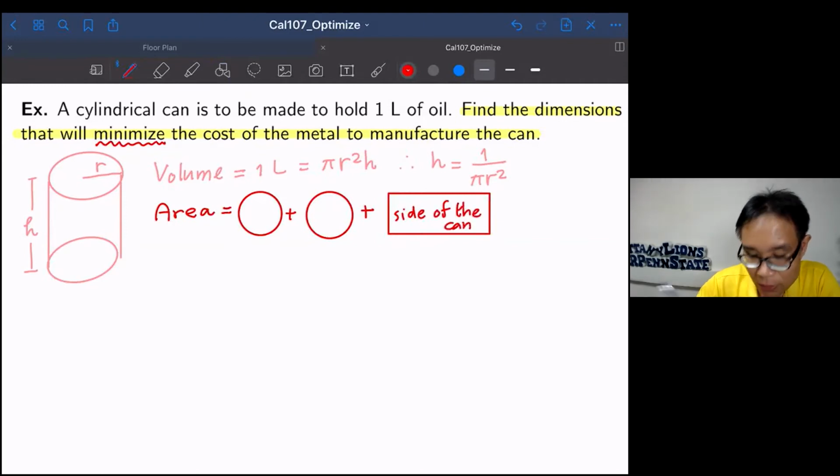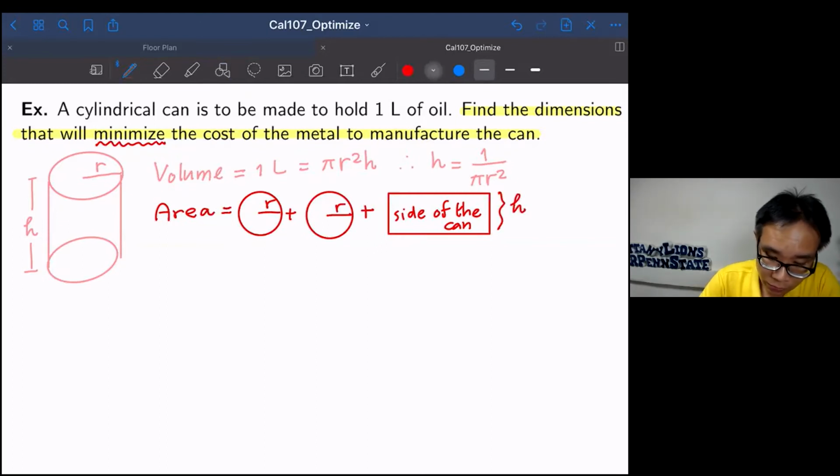So in this case, you're going to get r, and the side has the height equal to h, and you see that you're going to get the circumference equal to 2 pi r.